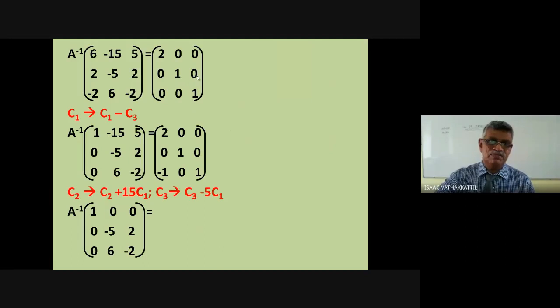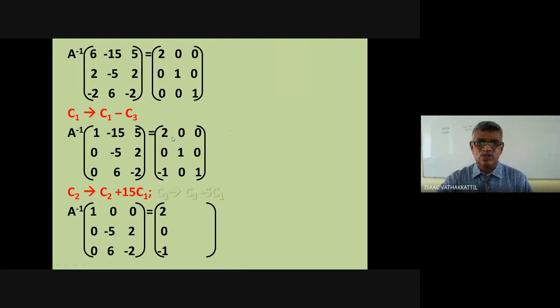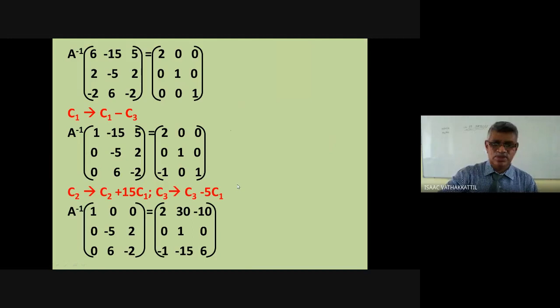So C1 as it is, 2, 0, minus 1. C2 plus 15 C1 gives 30, 0, minus 15, then 13, 1, minus 15. Further, C3 minus 5 C1 gives minus 10, 0, 6.